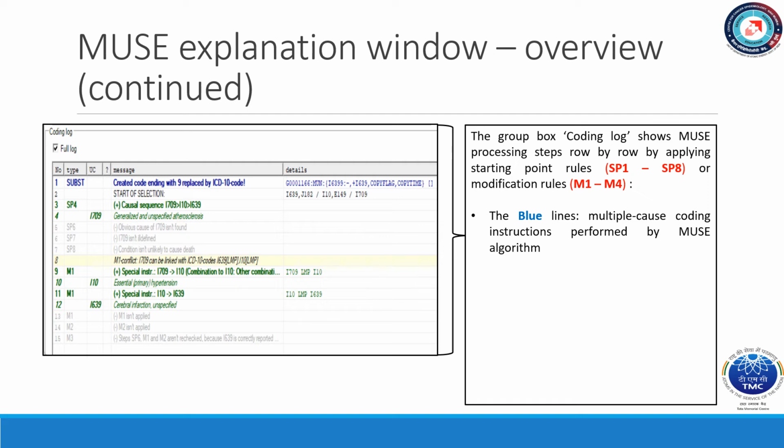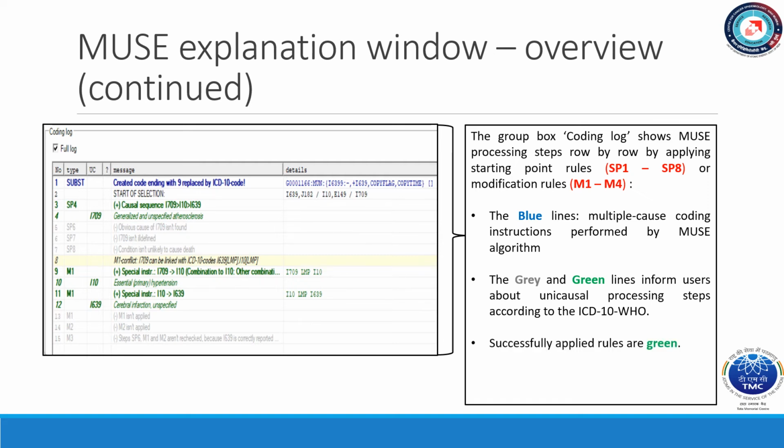In the start of selection, the starting codes used for unicausal selection, that is U codes, are displayed. The gray and green lines inform users about unicausal processing steps according to the ICD-10 WHO's Volume 2.